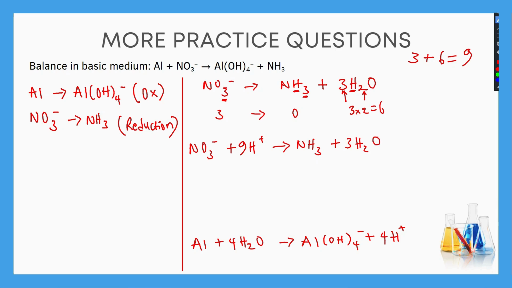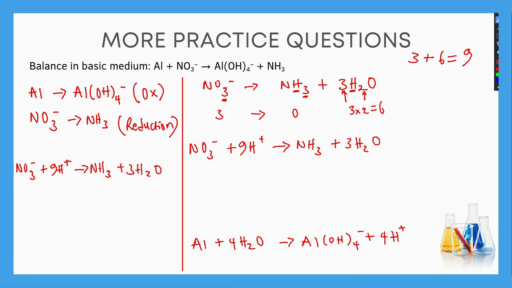I'm sure you can see how everything is playing out. So for the first equation now, we have NO3 minus plus 9H plus, giving us NH3 plus 3H2O.